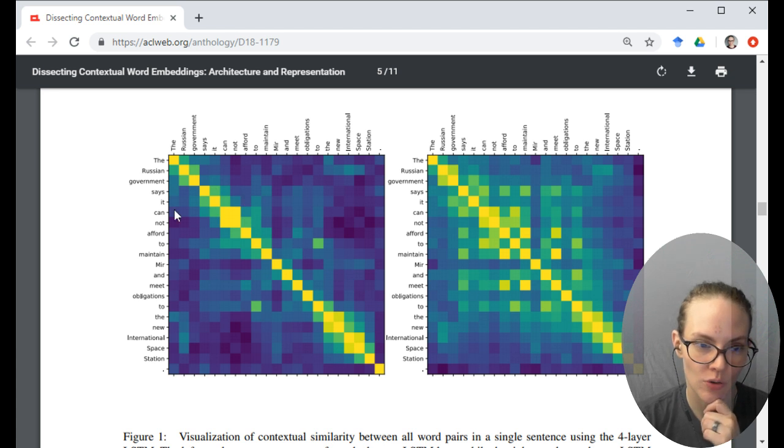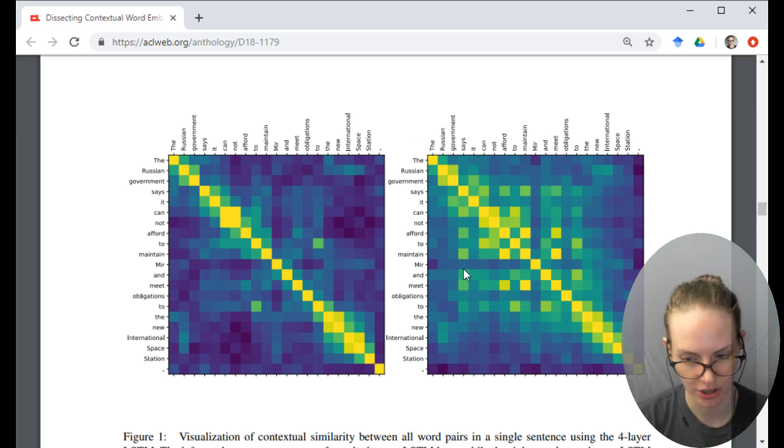So local constituency structure is going to be more impactful than longer, more distant constituency structure, which makes sense.